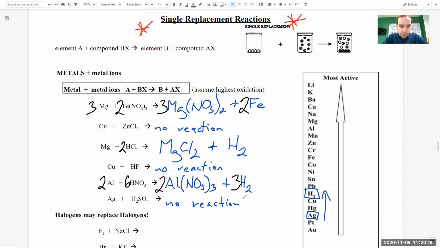All right, there is one thing I want to point out before we move on. The halogens may replace halogens. So in this particular case, what we have is fluorine gas plus sodium chloride. If we look on the activity series, we're not going to find fluorine, but we will find sodium.